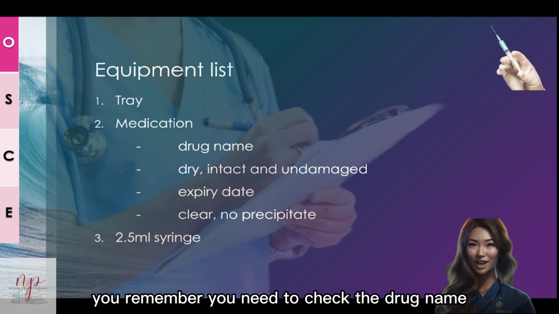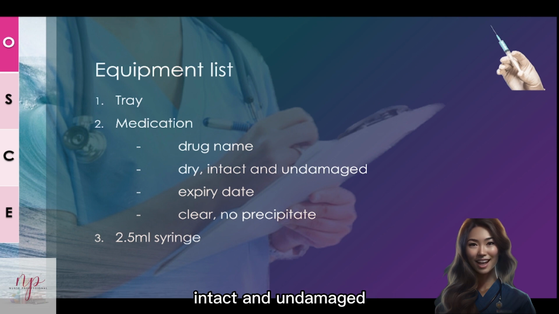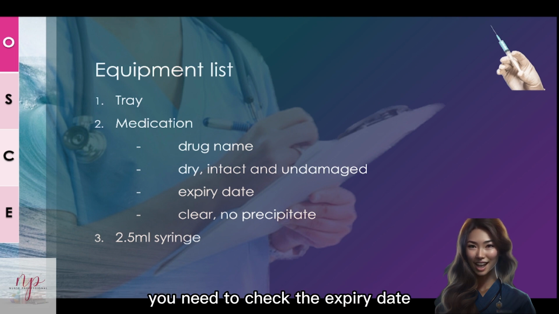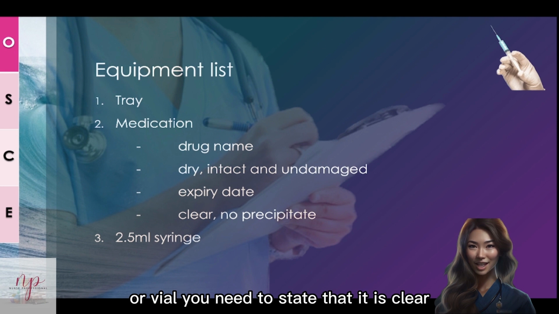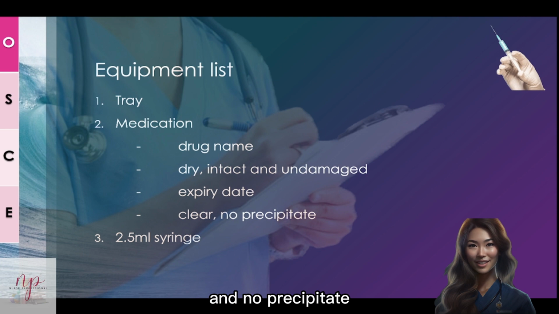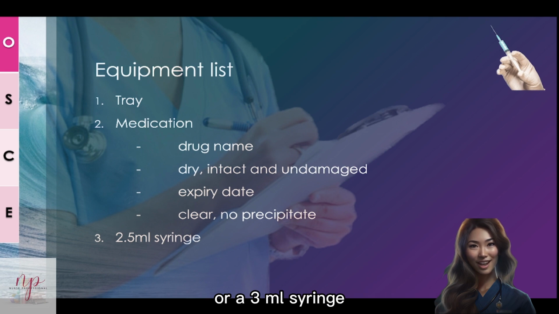You need to check the drug name, and then you need to check the package is dry, intact, and undamaged. You need to check the expiry date, and because it is liquid inside your ampoule or vial, you need to state that it is clear with no precipitate. And then you need to prepare a 2.5 ml syringe or a 3 ml syringe.